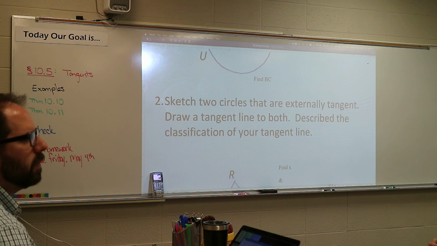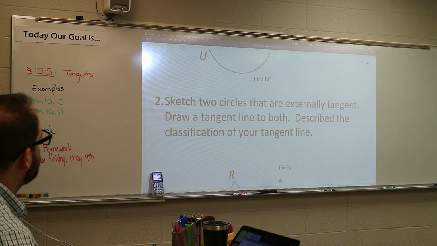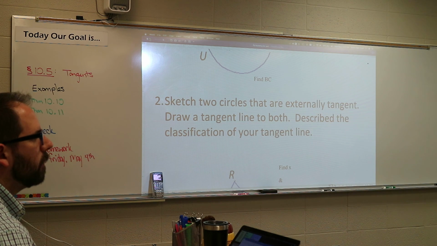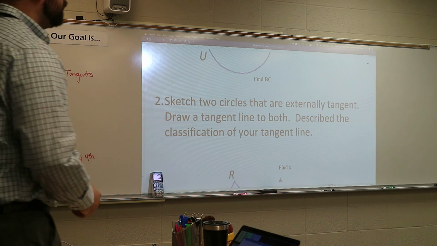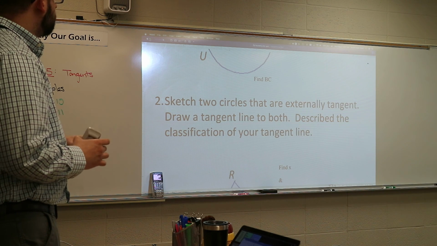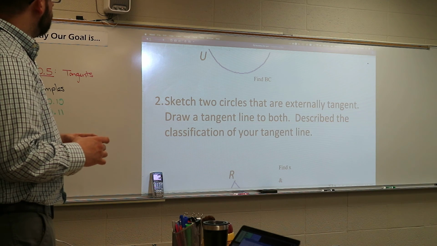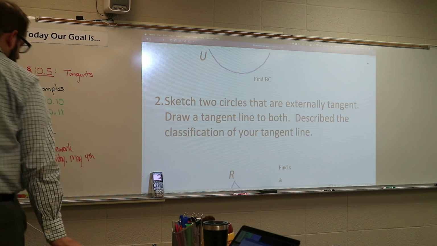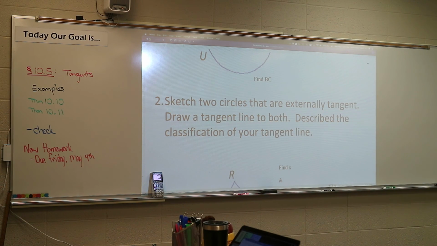So again, you're sketching. This is not a pop quiz, just kind of see where you're at. See if you can remember some of the stuff we talked about the last couple days. You have to describe that type of tangent.